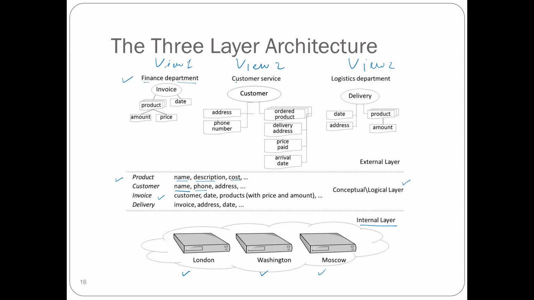The second view is for the customer service department. The third view is for the logistics department. All these views are providing a customized representation of the data to different classes of users, right? So they are achieving some customization, and that customization is important for security reasons as well.